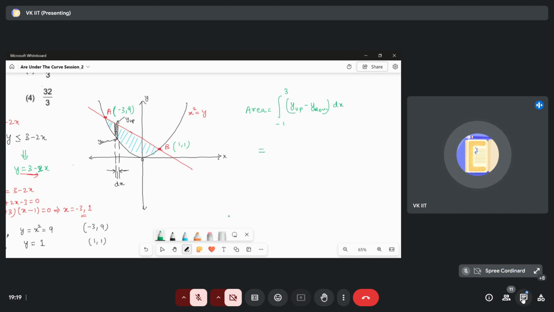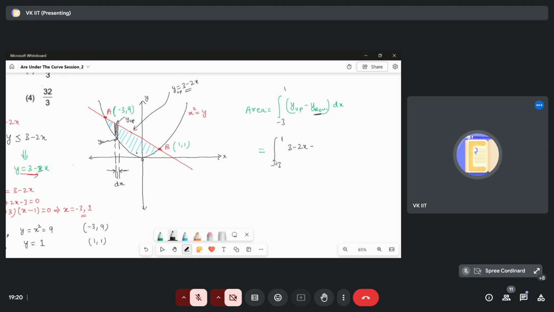What is the y up in this case? This is a line, y is given already as 3 minus 2x. So y up will be equal to 3 minus 2x.